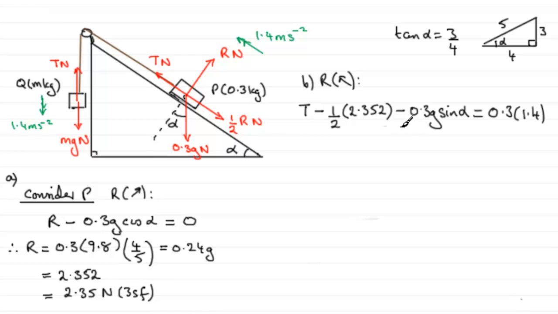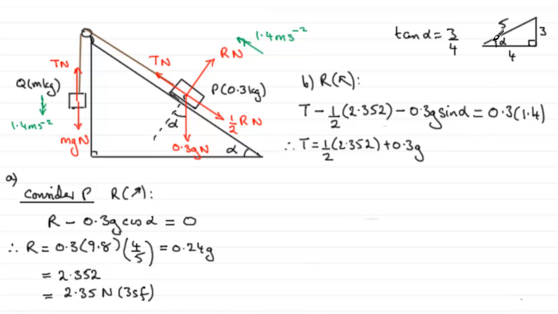All we need to do now is rearrange this. If we add these two terms to both sides, then T would equal a half times the 2.352, and then plus 0.3g times sine alpha.